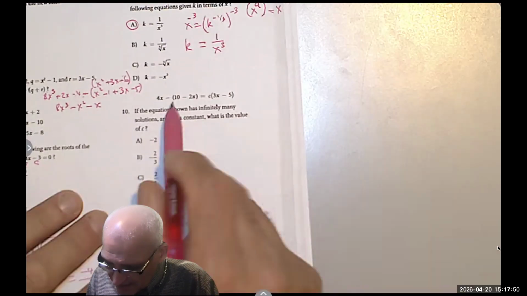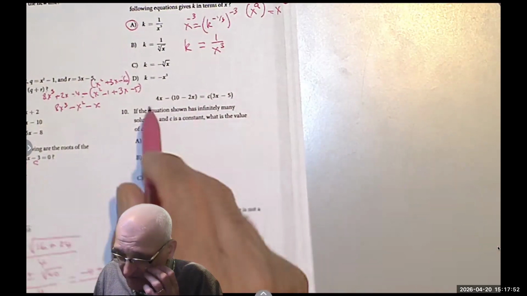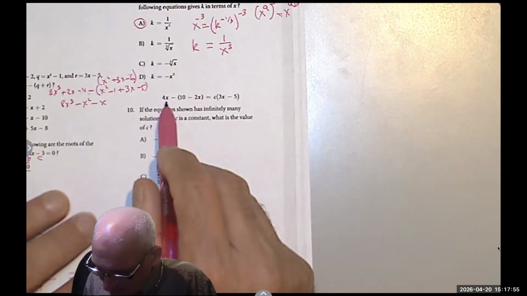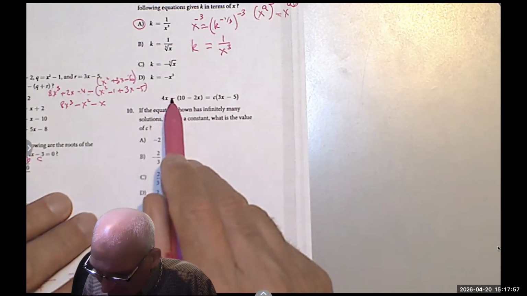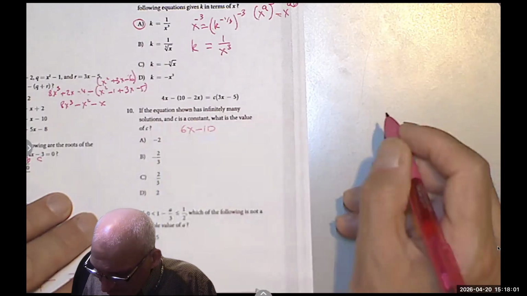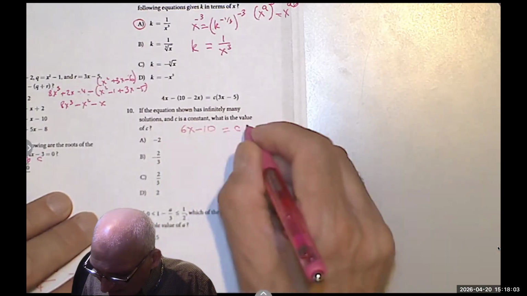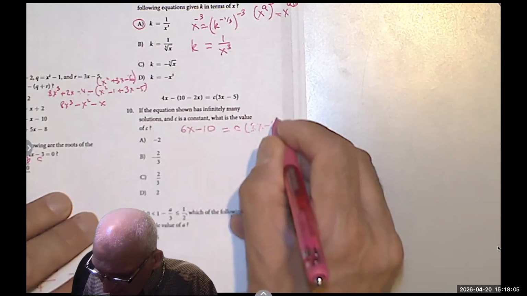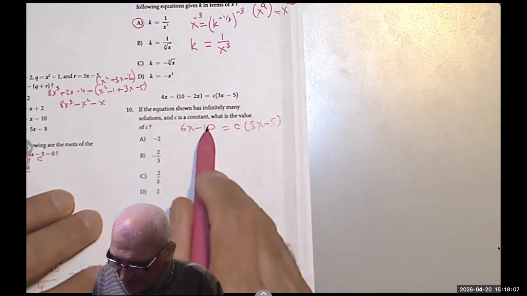So here, on the left-hand side, when we simplify that and combine like terms, negative times negative is positive. So I get 6x minus 10 equals c times 3x minus 5. Notice that this can be simplified.